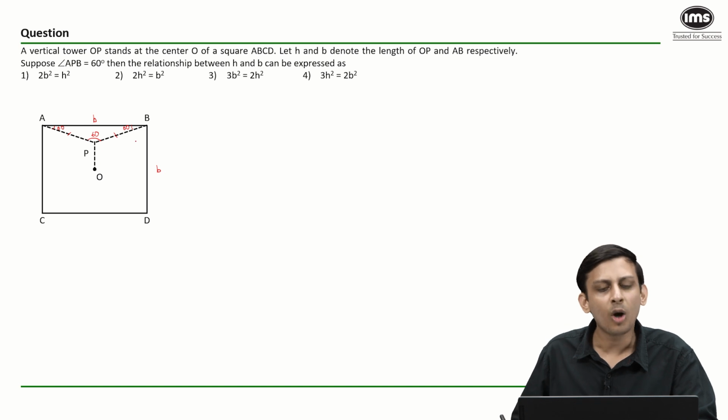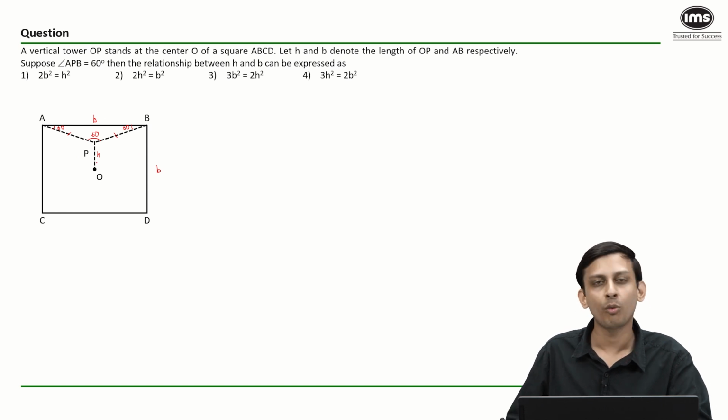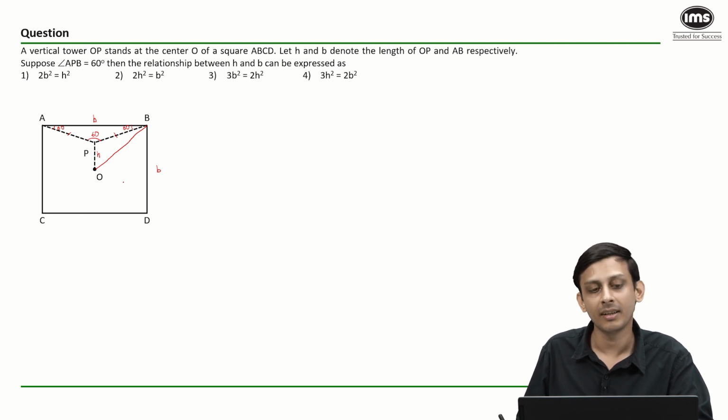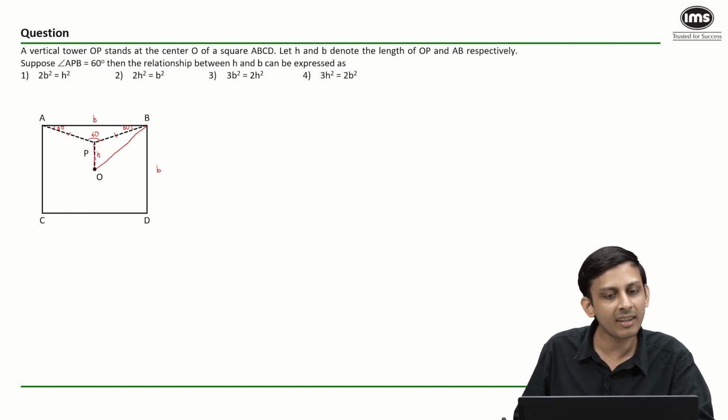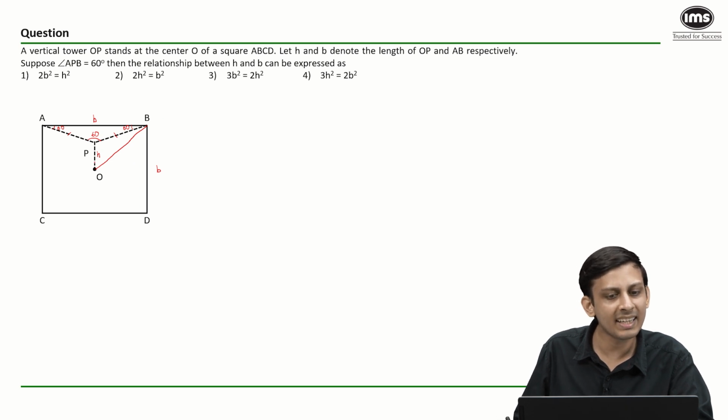Now, how do we get a relationship between H and B? So this tower OP is H. Okay, and B is a side of the square. So what we can do is, if we connect points O and B here, okay, then we will get a right angle triangle, because this tower is vertical and this line OB will be horizontal on the ground. So we'll get 90 degrees here.